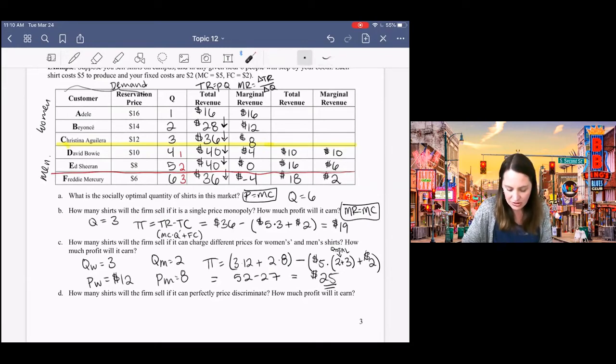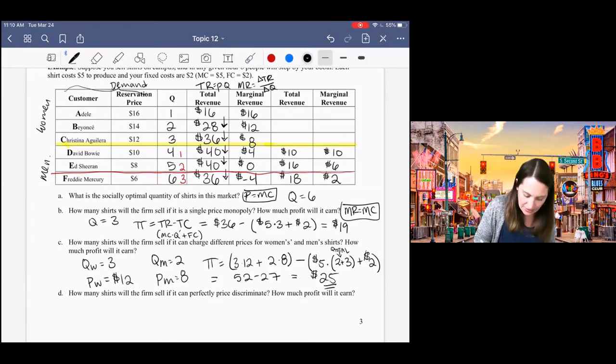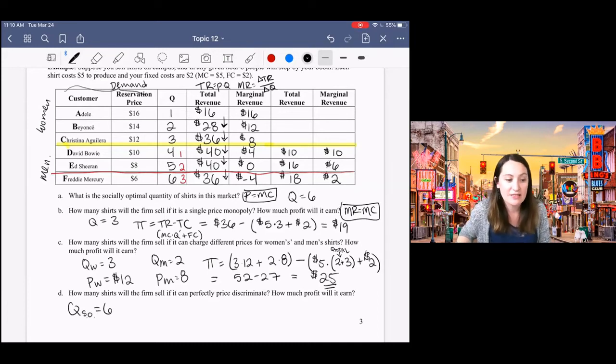It is going to sell t-shirts as long as the consumer is willing to pay more than the marginal cost of production. So here that's true for all of them. So here we're going to get the socially optimal quantity, which is 6. We're going to sell 6 t-shirts because we're producing as long as price is greater than or equal to marginal cost.